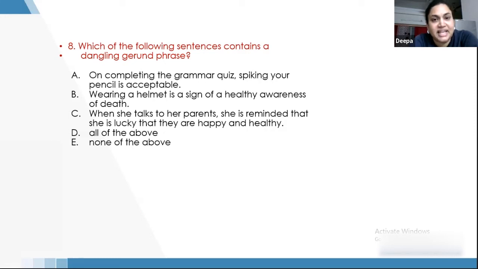Wearing a helmet is a sign of a healthy awareness of death. When she walked to her parents, she's reminded that she's lucky that they are happy and healthy.